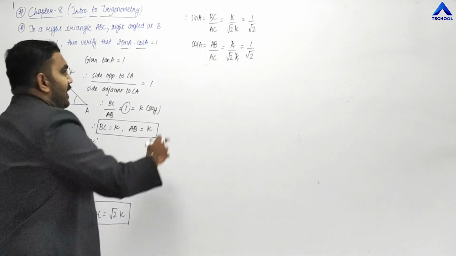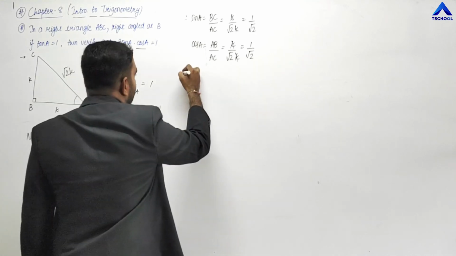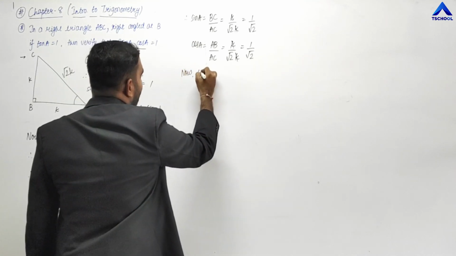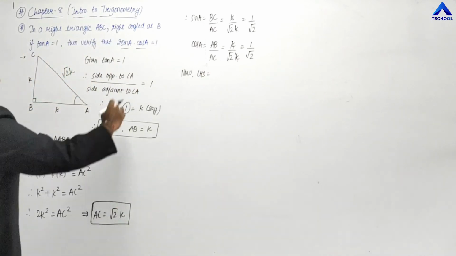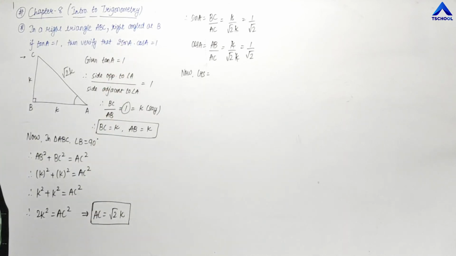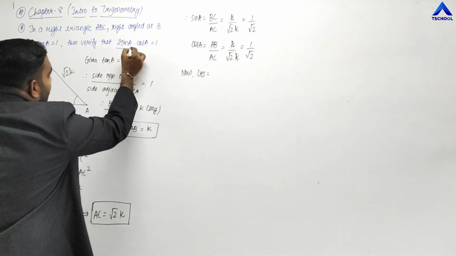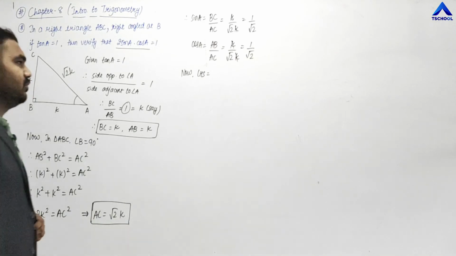So we got these two values here. Is it clear? Now, the LHS. What is the LHS of the question that we need to verify? You need to verify that 2 sin A into cos A equals 1. So this will be our LHS, the left hand side of the equation that we need to prove.